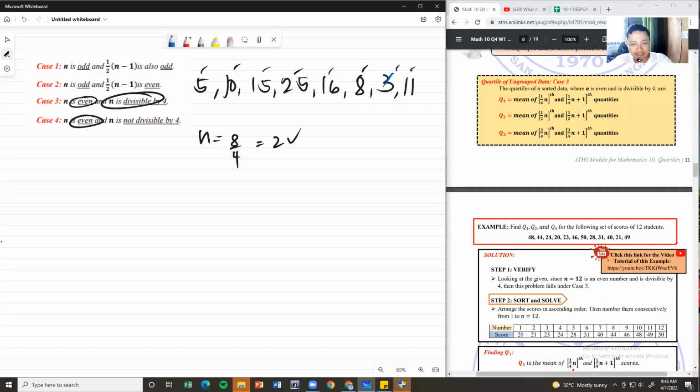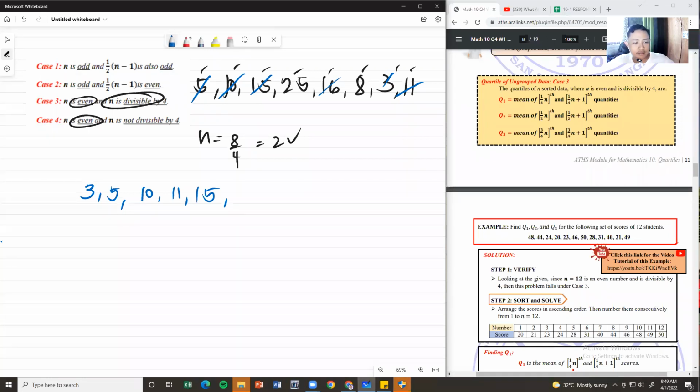So we have here 3, and then 5, and then 10, and then 11, then 15, and then 16.